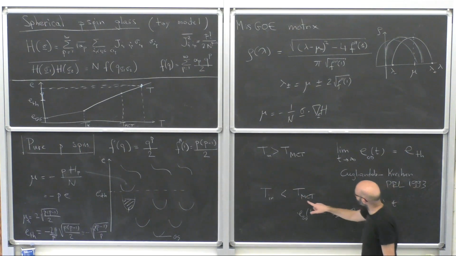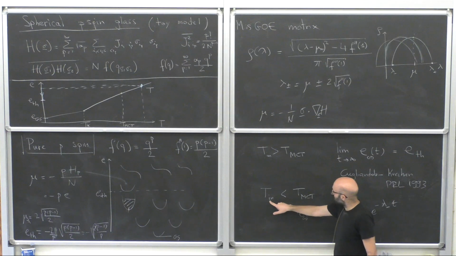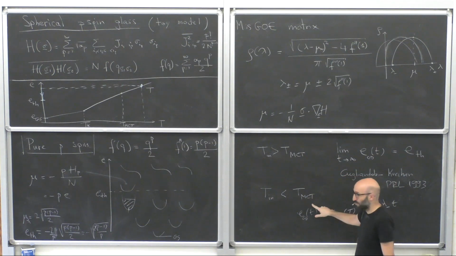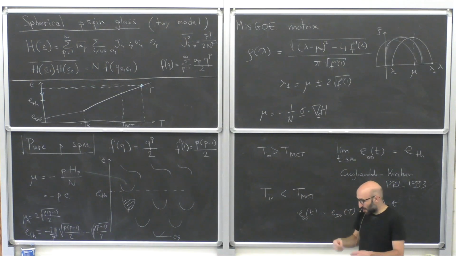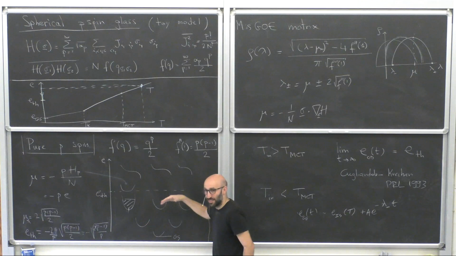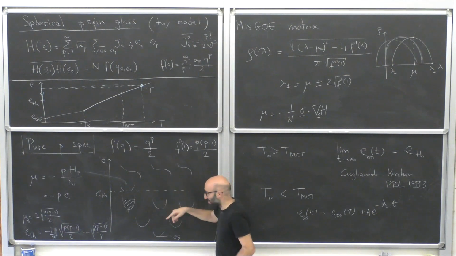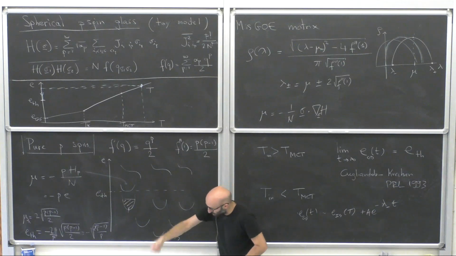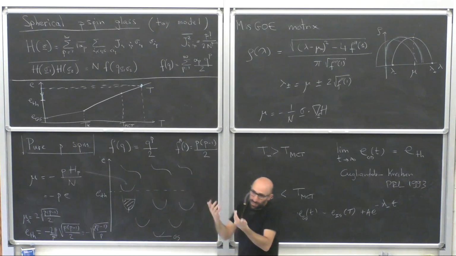If I start below T_MCT, and I assume that I can equilibrate below T_MCT, it means that I'm able to jump the barriers, because below T_MCT I have this exponential number of stable states, so I have to jump, and this takes an exponential time.